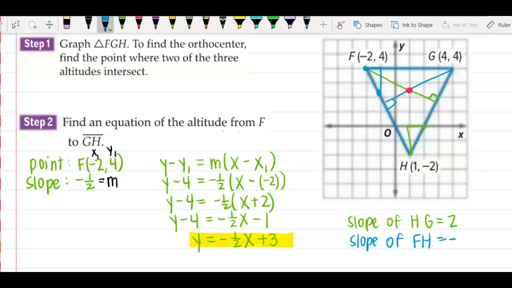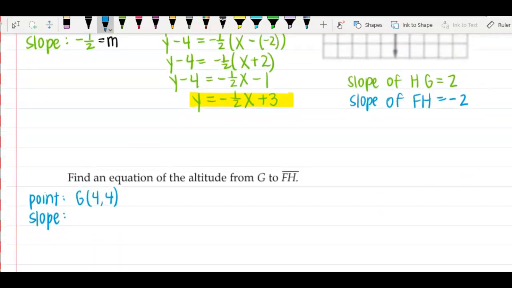It would be a -2 slope because it goes up 2 and over 1, but it goes down from left to right. So for the perpendicular slope, we change the sign so it's positive, and then we flip it, so this would be a positive 1/2.